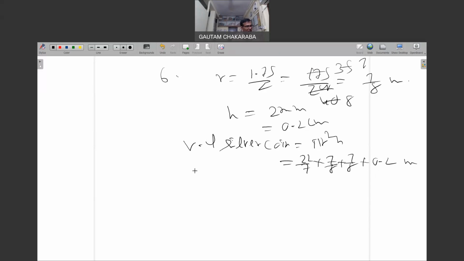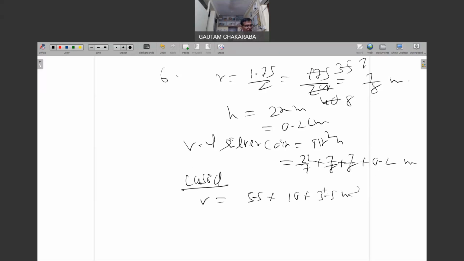Calculate this result, and for the cuboid, volume is equal to length into breadth into height in centimeter.